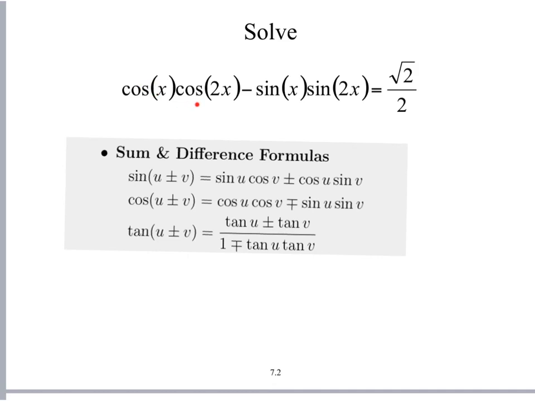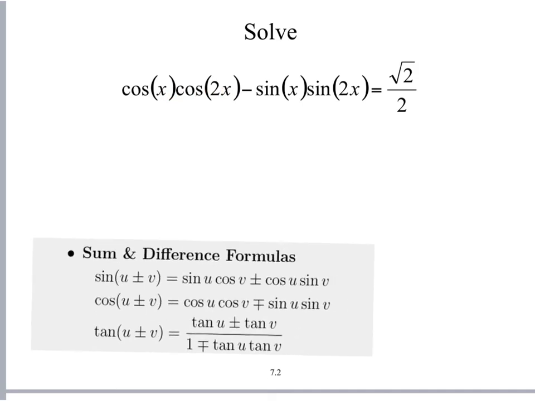I see cosine cosine. See how this formula says cosine cosine, and then you notice how the negative comes in on top. So if you're adding two angles, you're going to have a negative, and that's what's happening here. Notice how it's cosine cosine sine sine, cosine cosine sine sine. There's a negative in between them. That means I'm going to add those two. I'm going to add x and 2x.